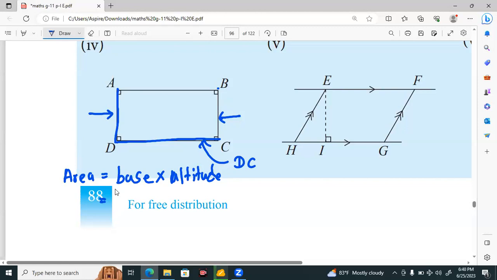In a rectangle we obtain the area by length into breadth. Length is AB or DC, breadth is AD or BC. In this case, length becomes base, breadth becomes altitude. In both ways, you are correct.